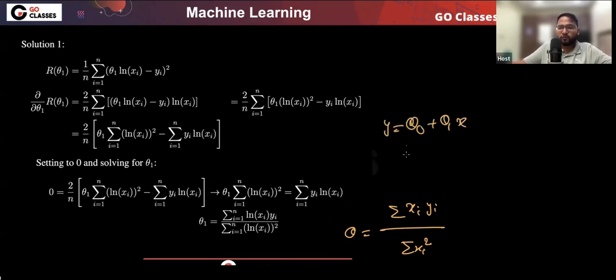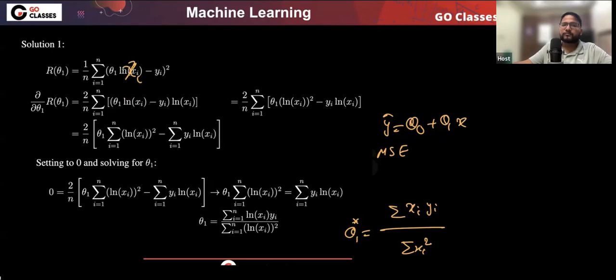If you minimize this loss function using MSE, you will get something like this theta 1 star, which means this is the optimal value. In one of the exercises we did, instead of ln x, if I have just xi everywhere, then it will be summation xi yi upon summation xi square. That's what I'm saying.